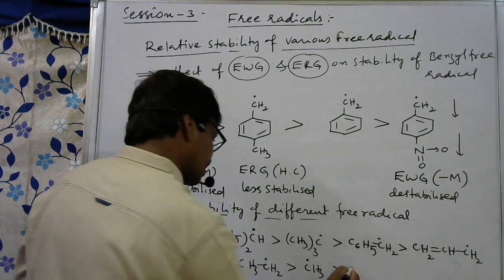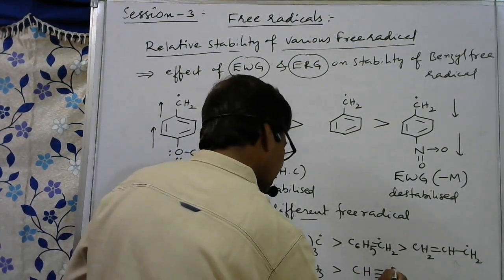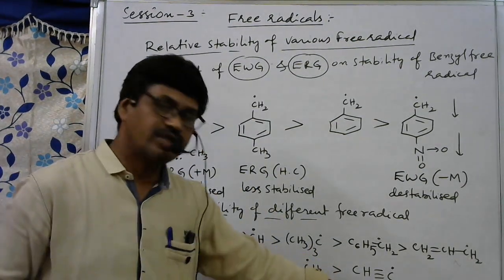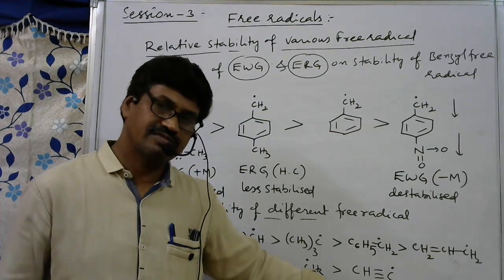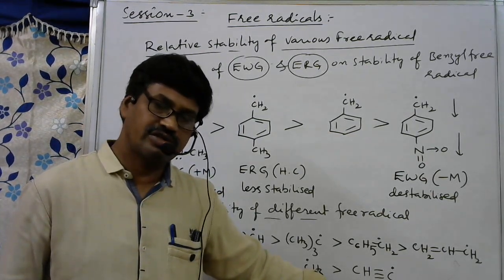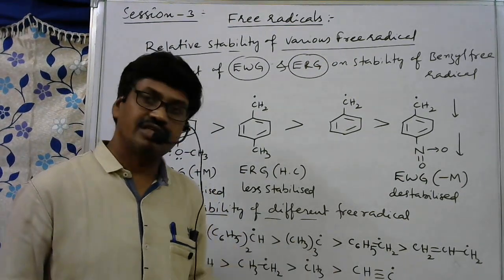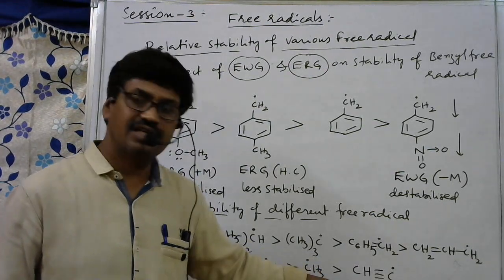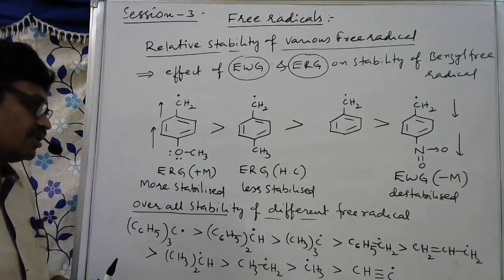Then lastly we can write the triple bonded carbon atom, which is more electronegative. More electronegative carbon atoms will not accept electron deficiency. Electron rich means more electronegative carbon must accept negative charge, but not electron deficiency. One electron is less, so it is least stable. This is the overall stability of different free radicals.